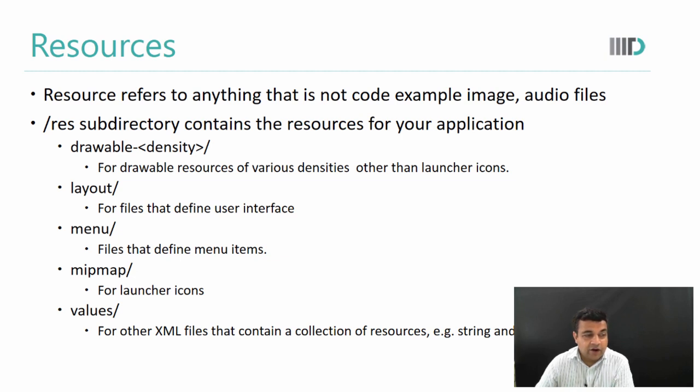Then another directory is layout, which contains files that define the user interface. We already saw activity_my.xml as part of the layout folder. Then we have a menu folder, where there are files that define menu items. Then we have mipmap, which contains our launcher icons. Then we have values, which contains other XML files that contain collections of resources such as strings and color definitions.